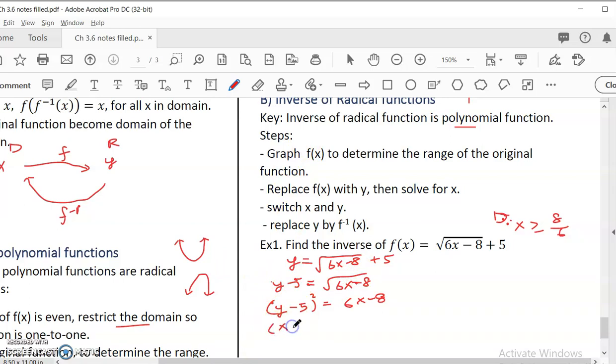I can actually switch it anytime I want. X minus 5 squared equal to 6y minus 8. Now I solve for y, right? It is true you can actually switch x and y anytime, so long as you have that at the end. So in order to get rid of this, I do plus 8 on both sides.